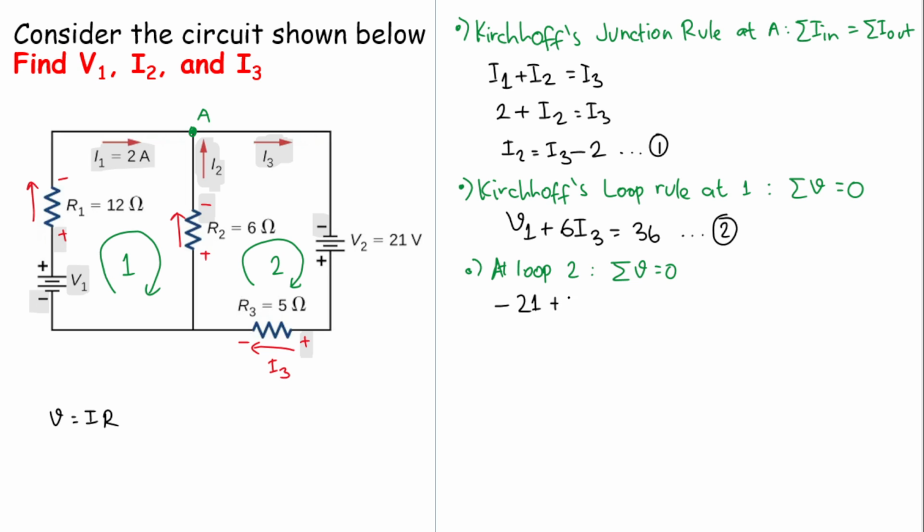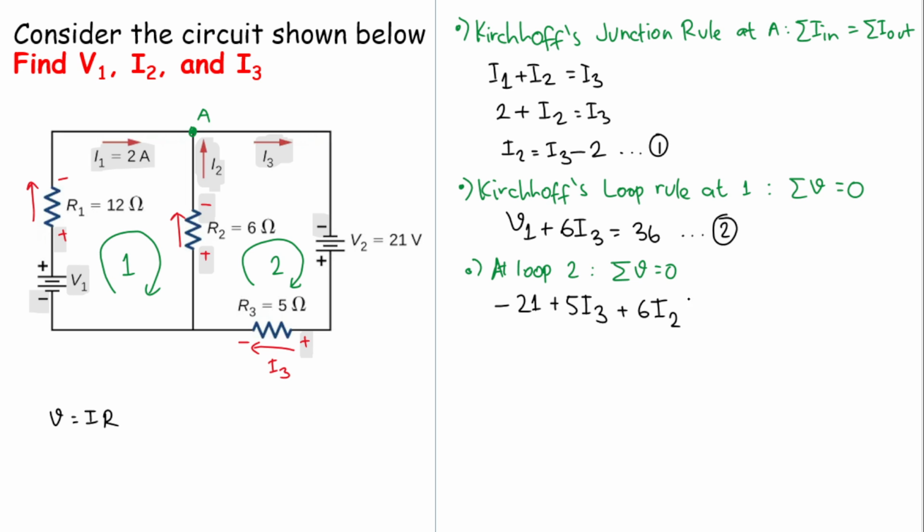And we will have 5 ohm multiplied by I3. And then for the last component, the loop here entering from the positive terminal. So we'll have plus here. And then we will have plus 6 multiplied by the current that passed through it, which is I2. Good.